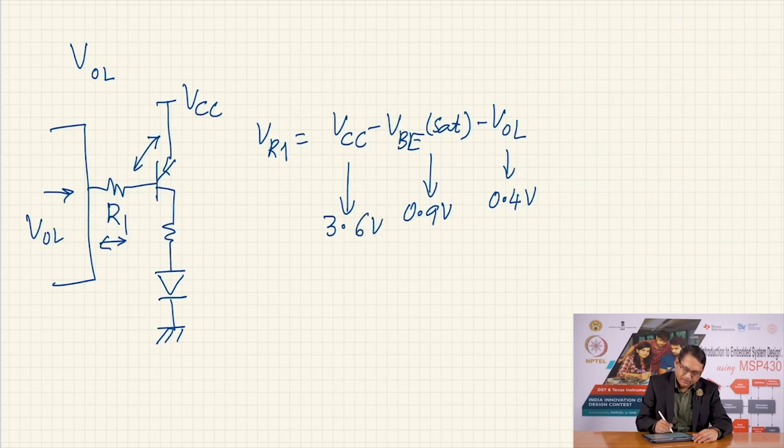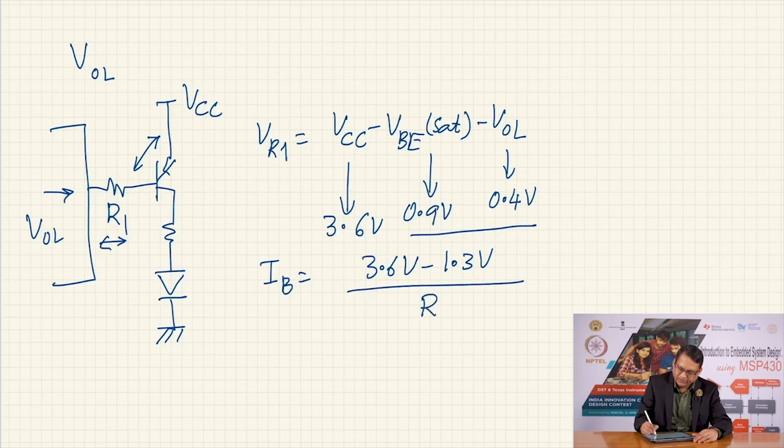Therefore, the current that will flow in this case, IB, will be equal to 3.6 volts minus 1.3 volts, the sum of these two voltages, divided by R1.